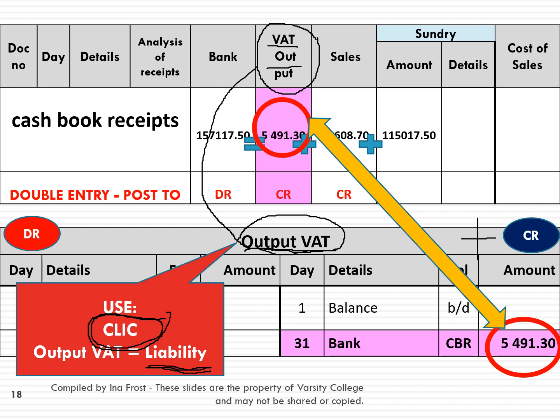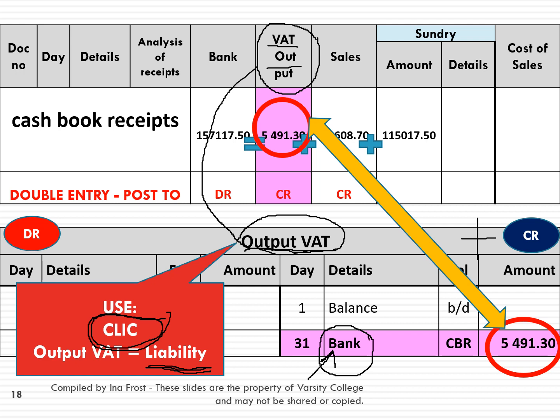The details, this time around, the details I'm going to write down is bank. And the reason I'm writing here bank is because remember the debit side of this entry was in the bank account in the general ledger. Okay, so my details must always be the name of a general ledger account and specifically the account where the other side of this entry can be found.